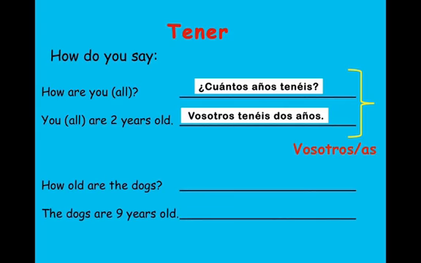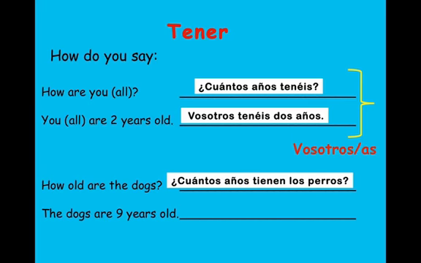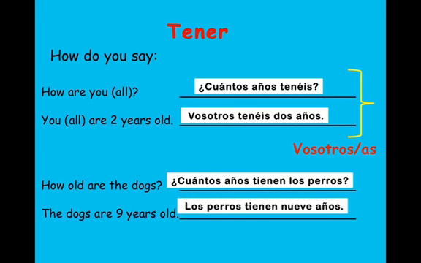How old are the dogs? The dogs are 9 years old. The dogs is plural, they. So that's third person plural. ¿Cuántos años tienen los perros? Los perros tienen 9 años.